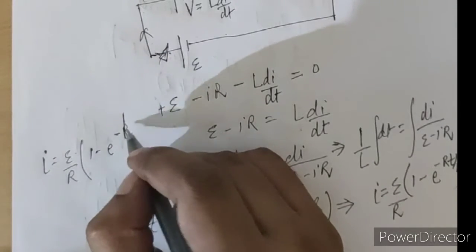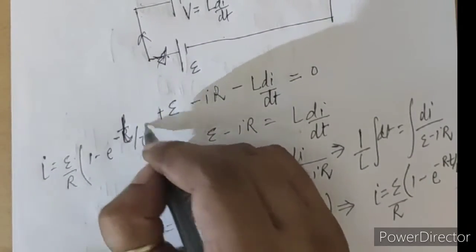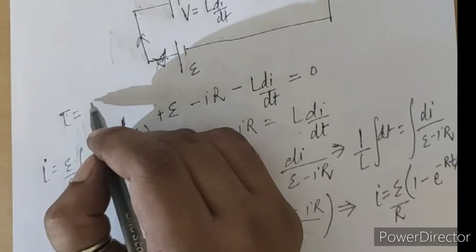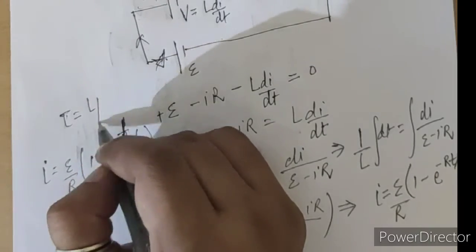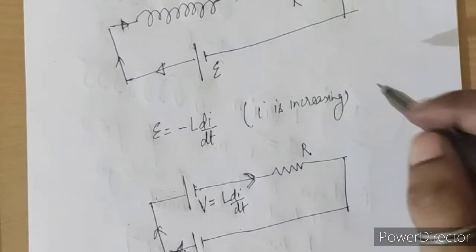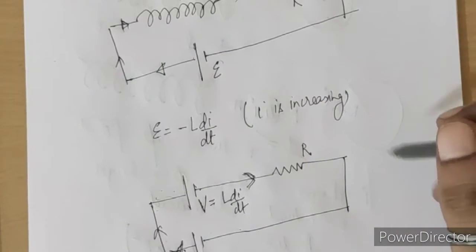So this is basically I is equal to E by R times 1 minus exponential of minus t over some constant tau, where tau is equal to L by R, which is called the time constant of this circuit.